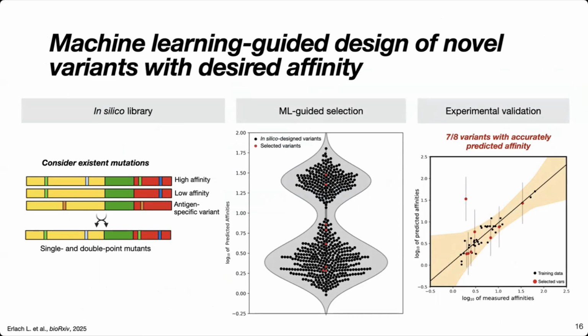No, I'm sorry, the individual sequences were never observed. We use here only existent mutations from our training data set. Okay. And then you're just figuring out what are the combinations of those mutations that will give high affinity. Okay. Exactly. Great, I just wanted to double check that.